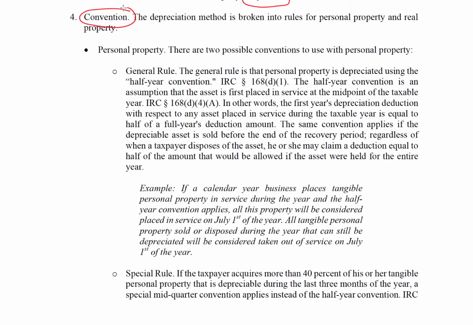We talked about the recovery period for personal property. You have to look at the class life, right? And again, if it's a 3-year property, it's actually depreciated over 4 years. If it's a 5-year property, it's actually depreciated over 6 years, 7-year property over 8 years. And I'll explain why in a moment. And then for residential real property, it's 27.5. And for non-residential, it's 39 years.